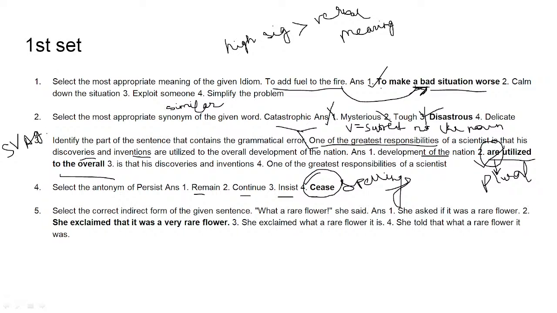Cease means to stop. I believe this is the perfect antonym of persist, because persist means to stay or continue. In fact, continue is the more appropriate synonym of persist.